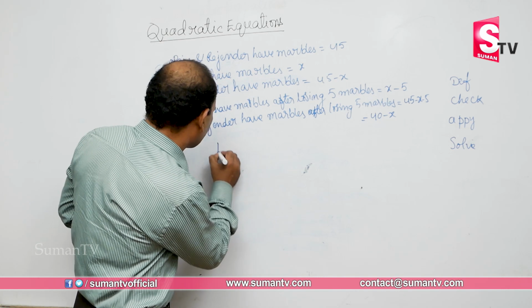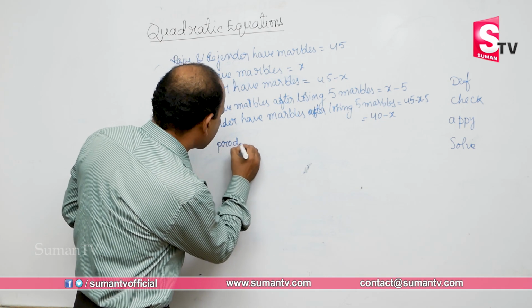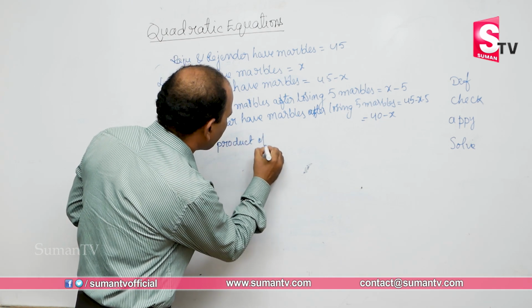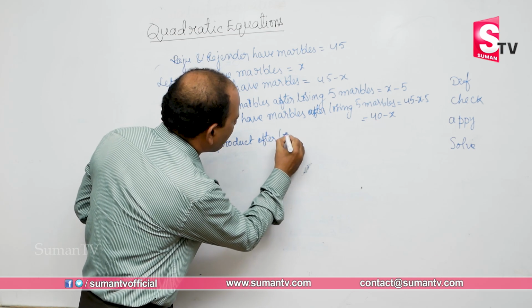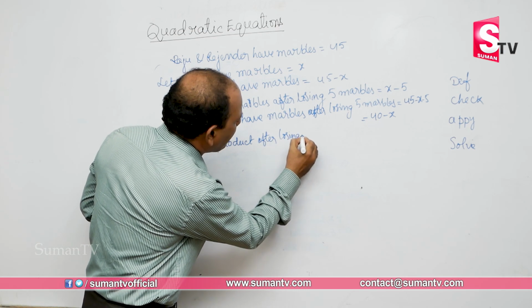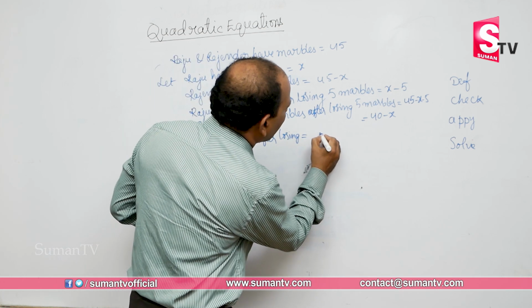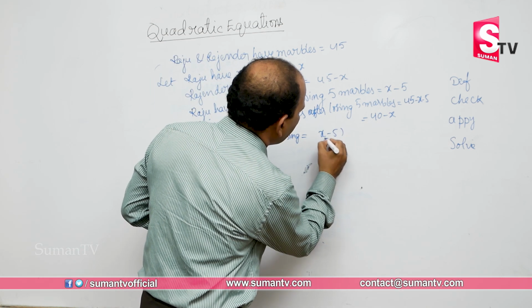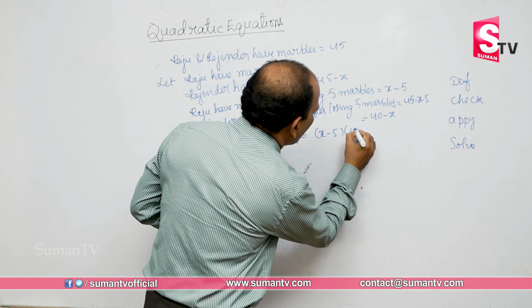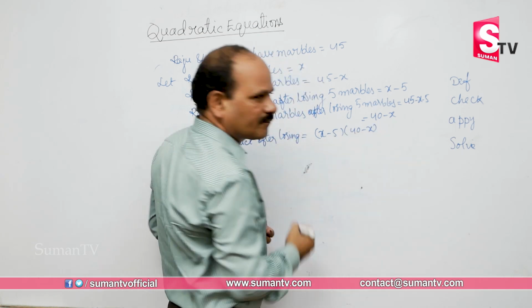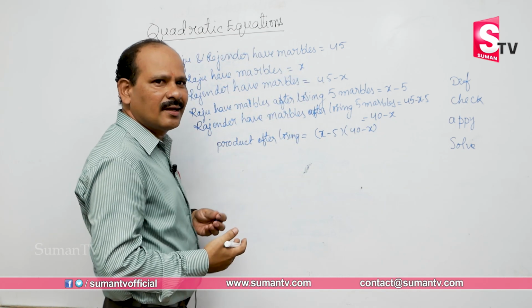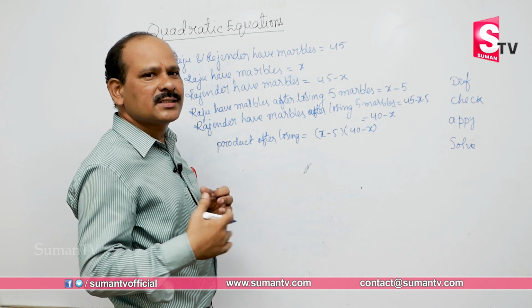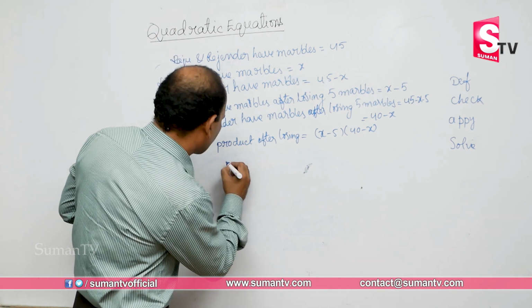The product of them is x minus 5 into 40 minus x. But it is given in the question that after losing the 5 marbles, the product is equal to 128.